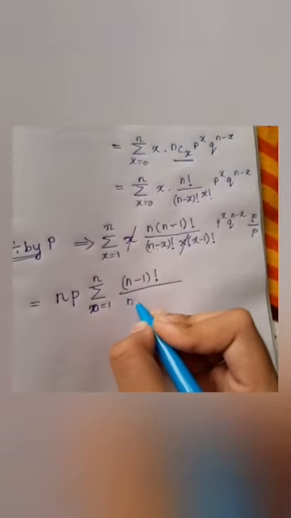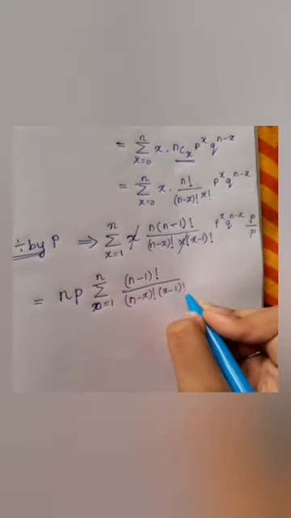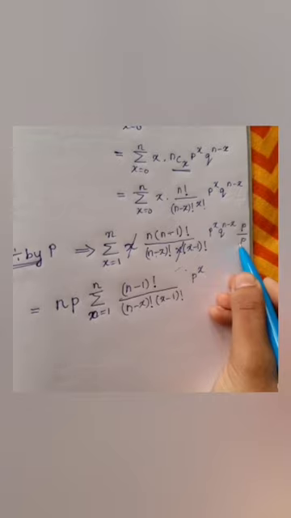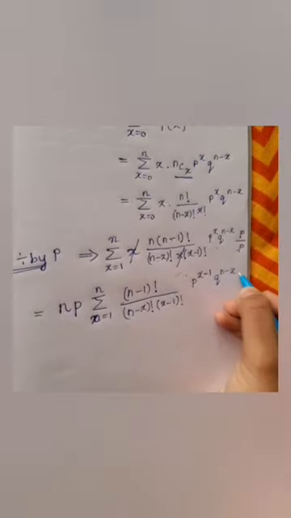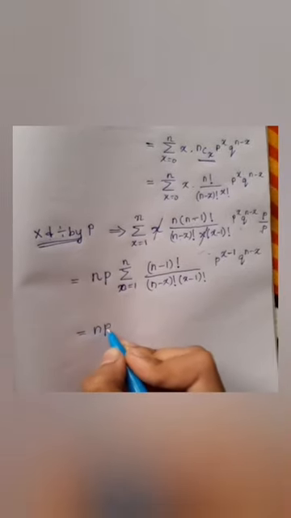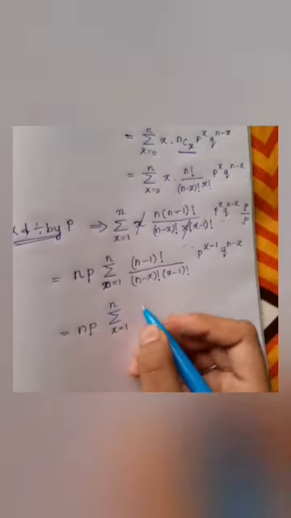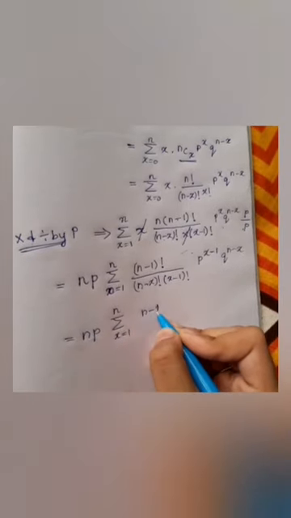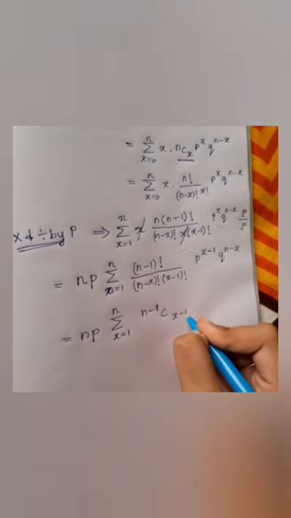We write the rest as it is, but we convert the (n-1) factorial part as nCx, so that n becomes n-1 and x becomes x-1.